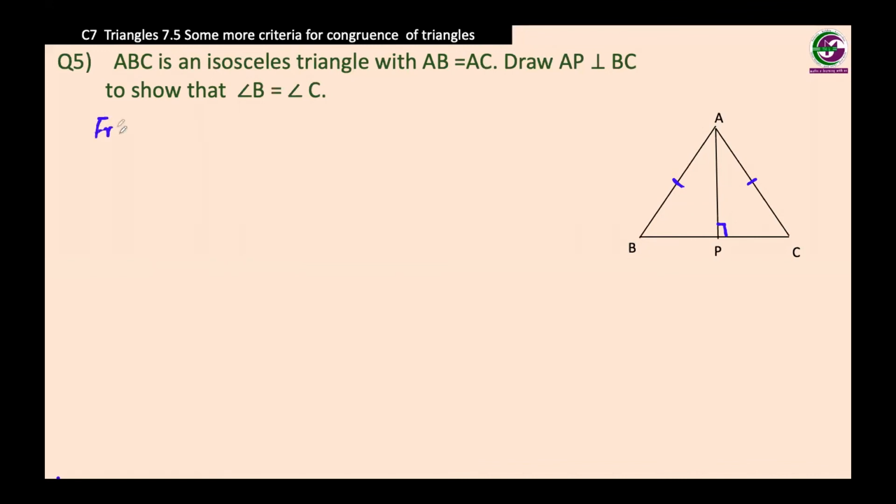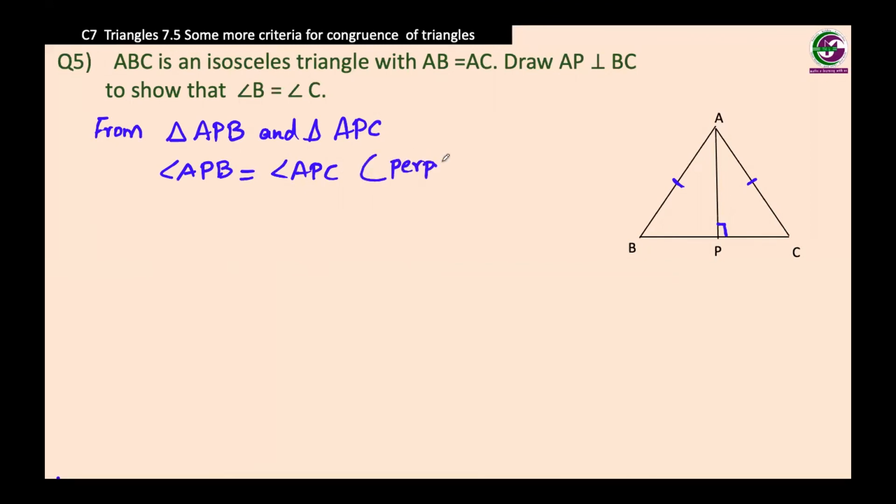From triangle APB and triangle APC, we know that the angle is 90 degrees because it is perpendicular. So angle APB is equal to angle APC, perpendicular, which means each angle is 90 degrees.